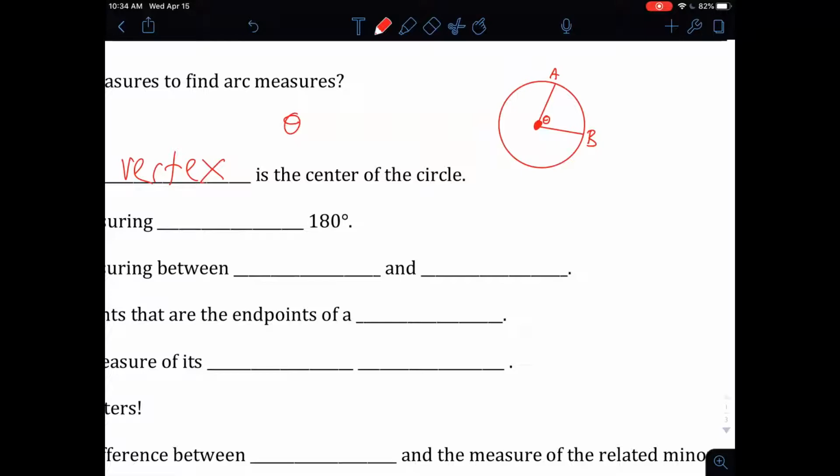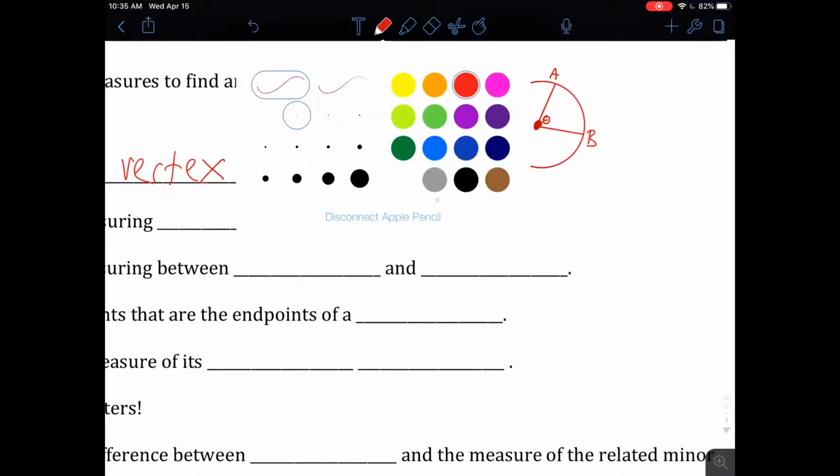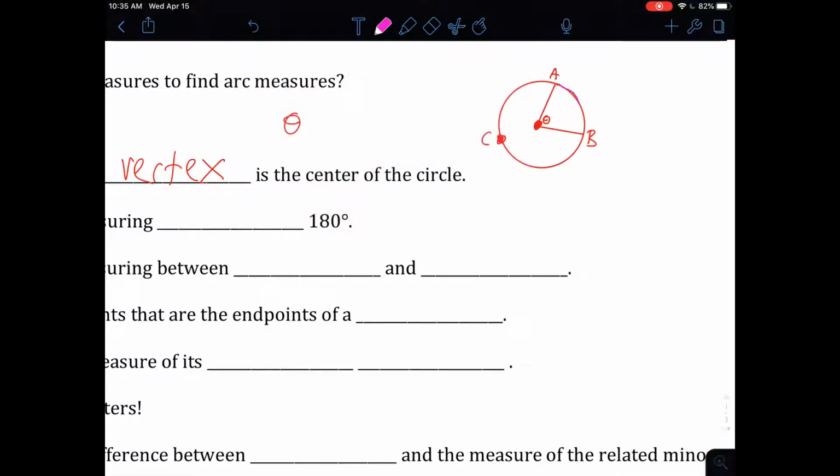It meets in the middle of the circle. The vertex is in the center of the circle. Then we can put C over here. So that is an arc. An arc right here would be this section right here. That is an arc.